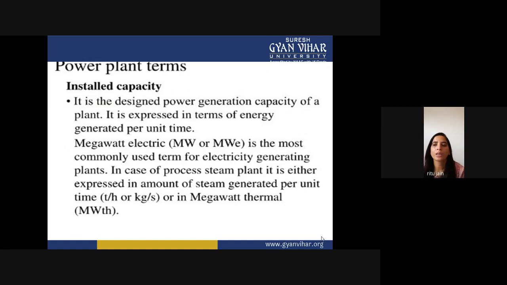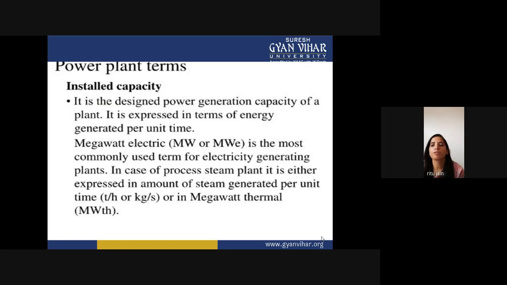Megawatt electric is the most commonly used term for electricity generating plants, because the power generated in power plants is large, in megawatts. That's why we call it megawatt electric.